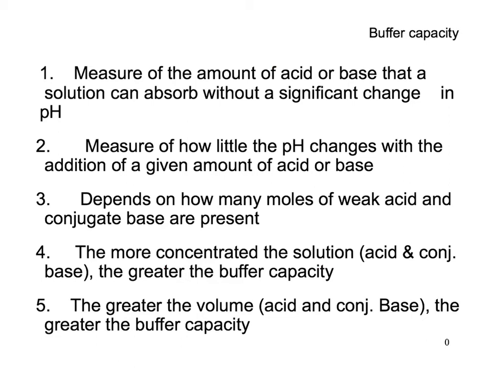So again, the relative amounts of the weak acid and the conjugate base, as well as the absolute values, both define the capacity of a buffer. That means how much of the added acid or base it can effectively neutralize. And so one can determine a range that the buffer is going to work in. That's what this next section is going to focus on.